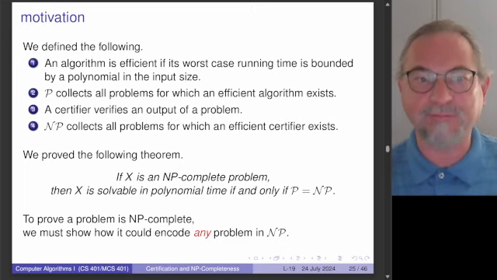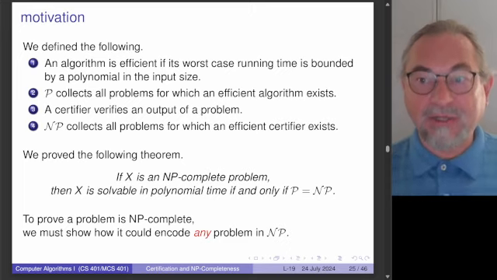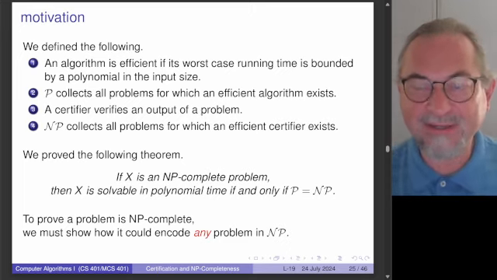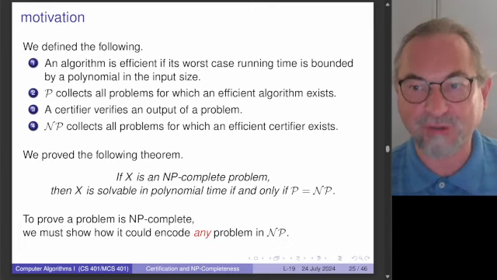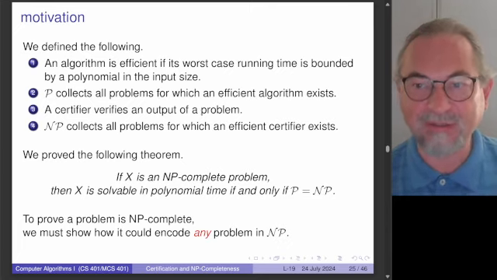can be solved efficiently. Now, the class NP is the class of all problems for which we know an efficient certifier. So given an output to the solution, we have an efficient algorithm to check whether that output really solves the problem.